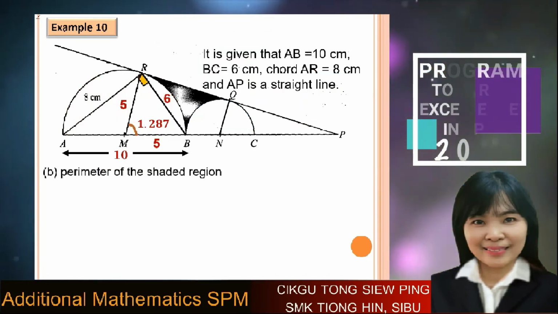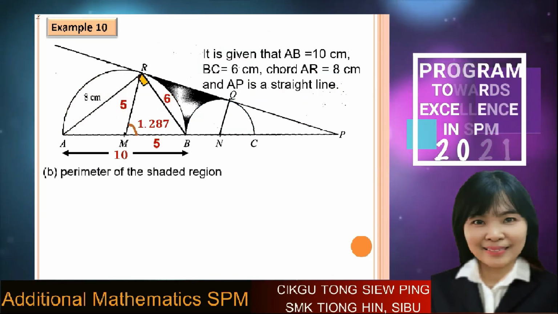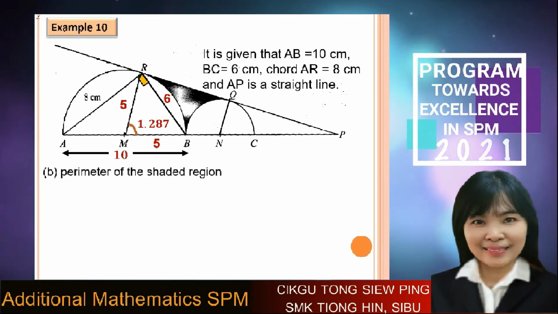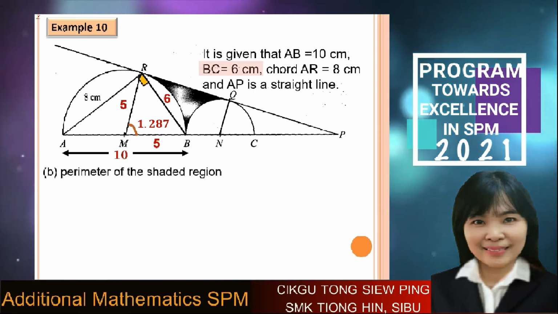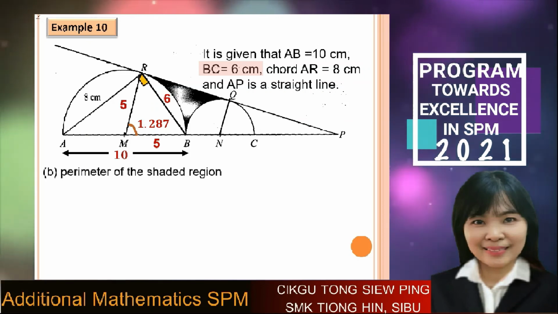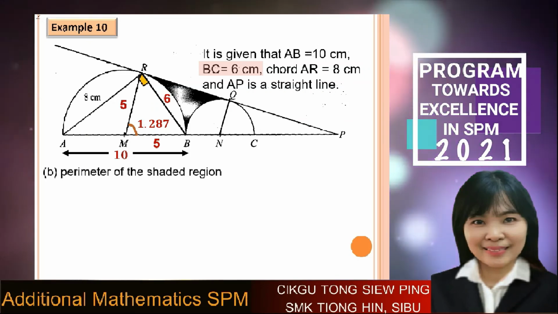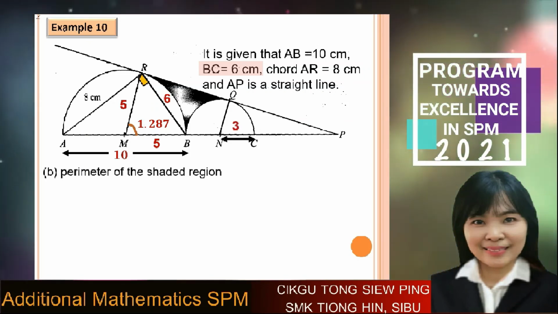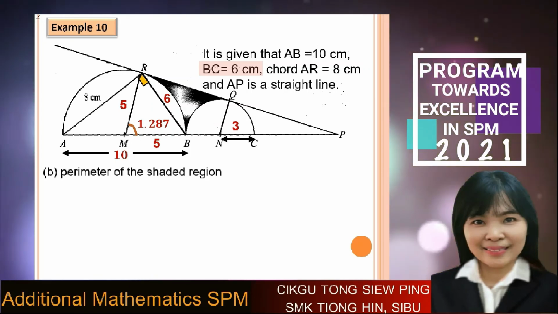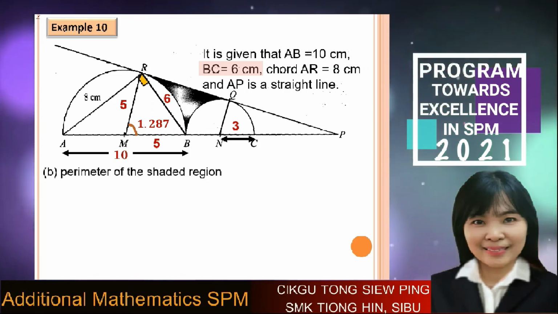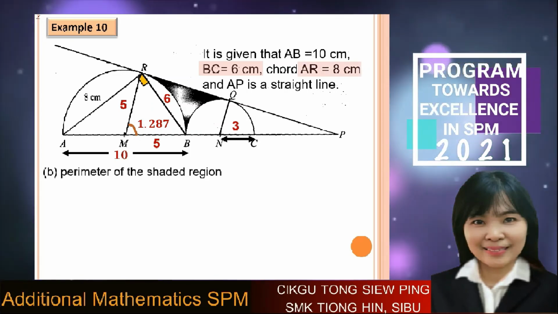From the question, we know that BC is equal to 6 cm. This is the diameter of the semicircle BQC. That means that its radius is equal to 3. The perimeter of the shaded region is made up of 3 lines.